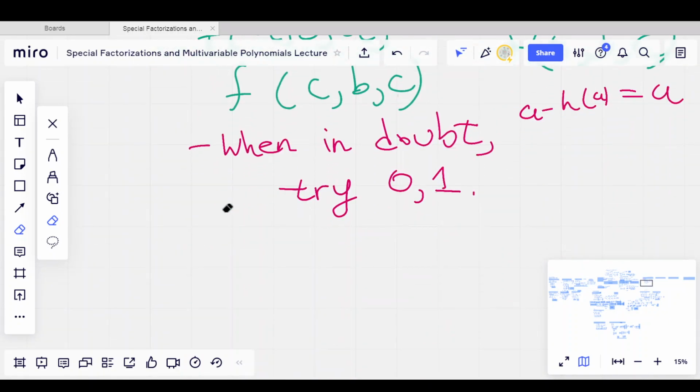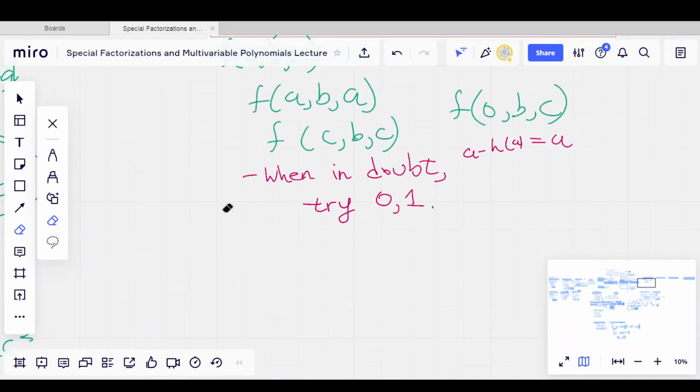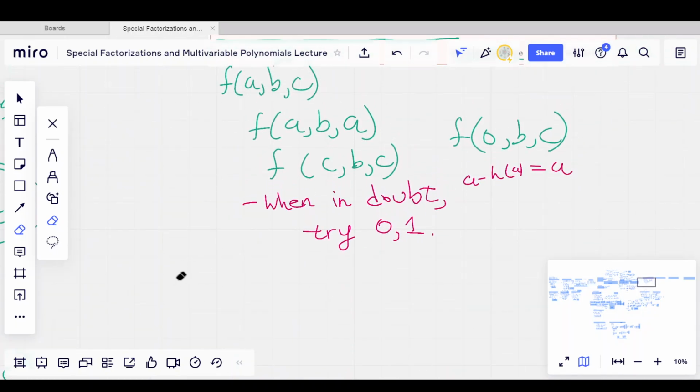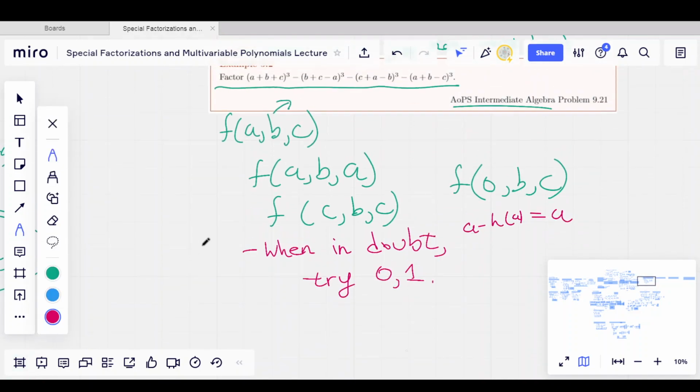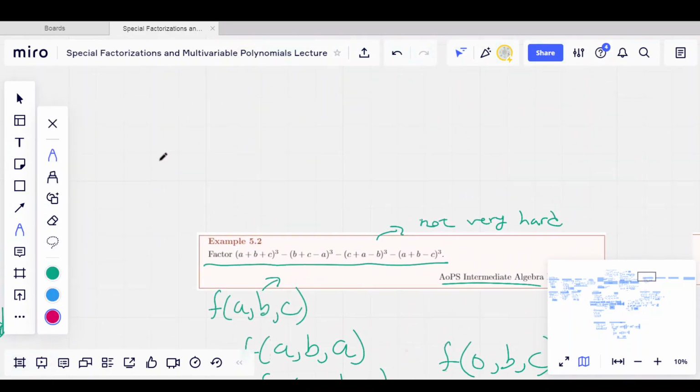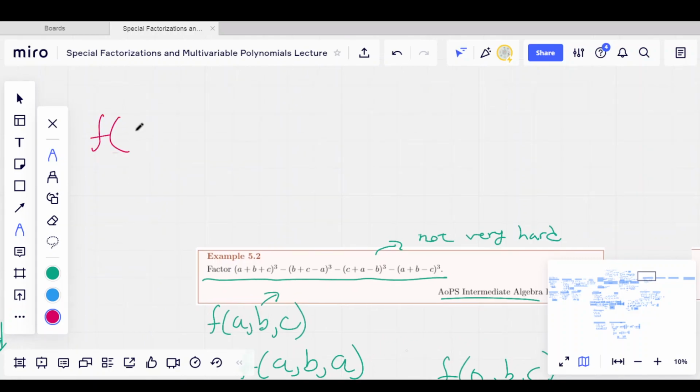So let's zoom out a bit. Let's just do it here. So f(0,b,c), you're replacing all instances of a with 0. It's very easy to do.